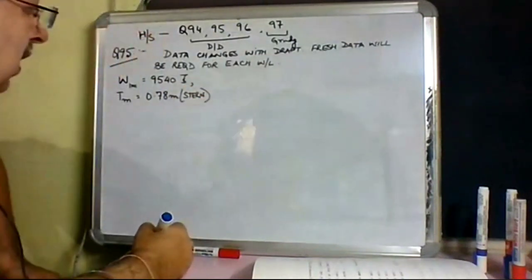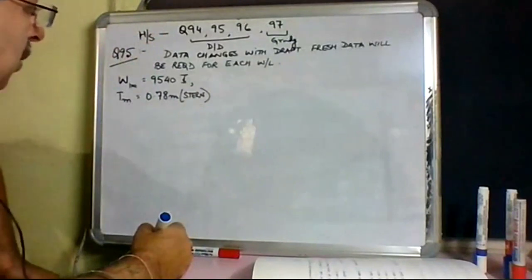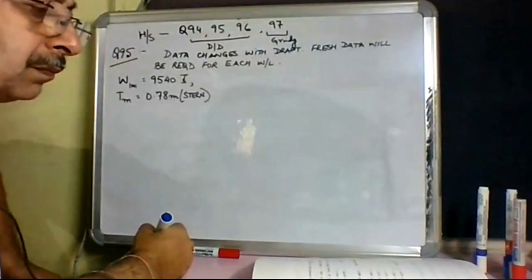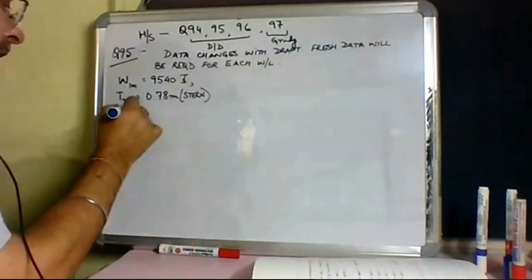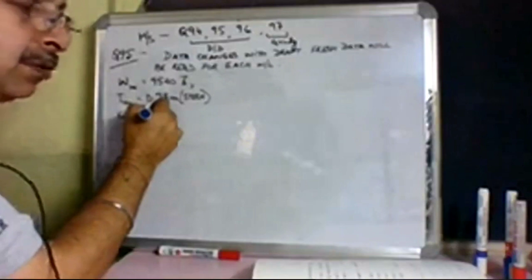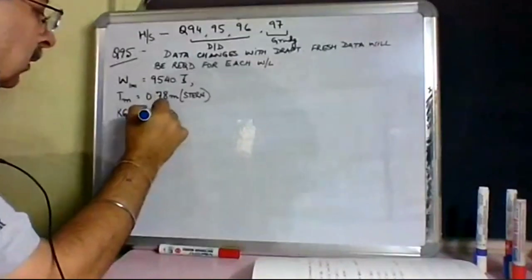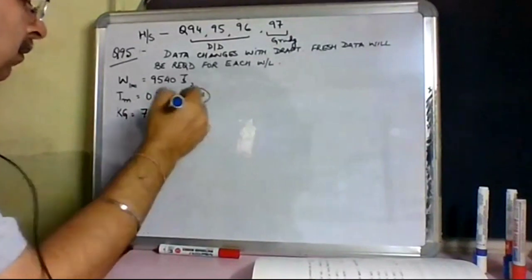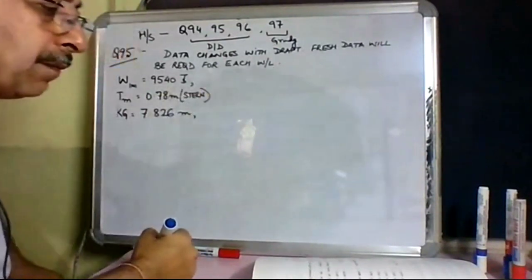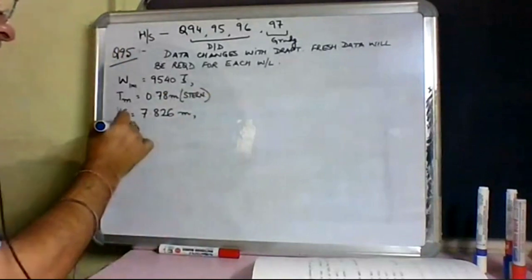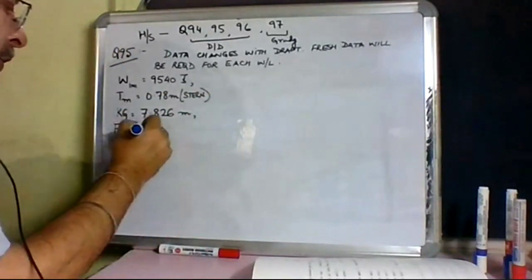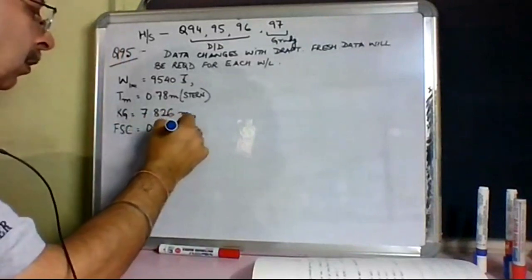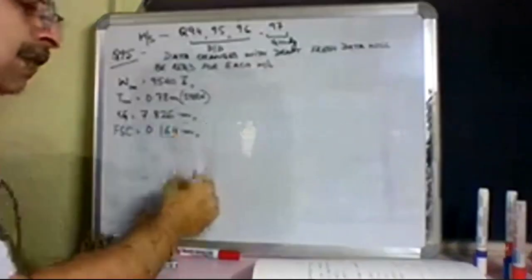And this vessel in this condition has got to be dry docked for a bottom inspection. KG is given to us as 7.826 meters. FSC is given to us as 0.164 meters.